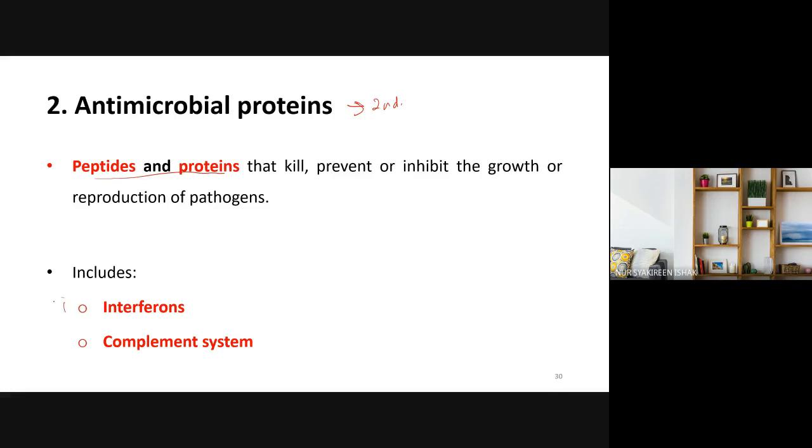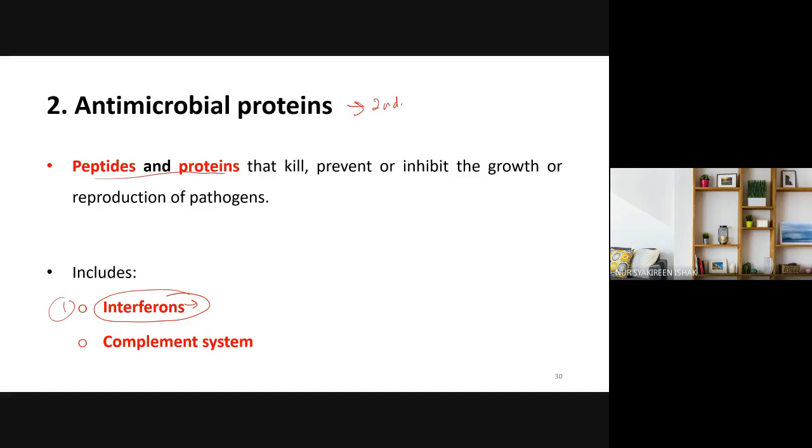So the first one is interferon. Basically the function of interferon is to prevent cell-to-cell spread of virus. The virus can infect your body cell. Once your body cell is infected by the virus, that infected body cell will produce this molecule, interferon.